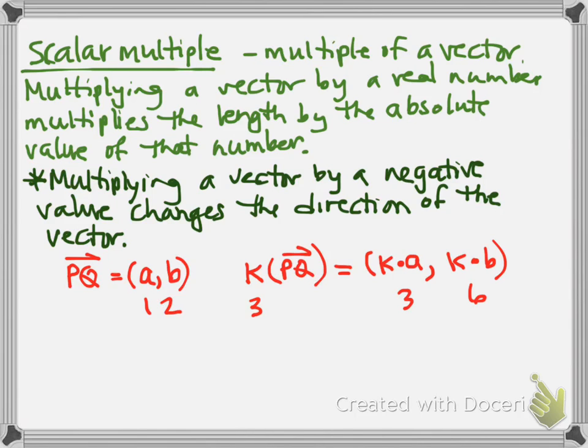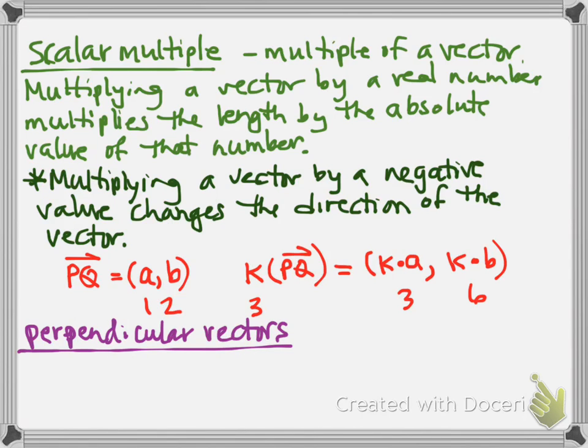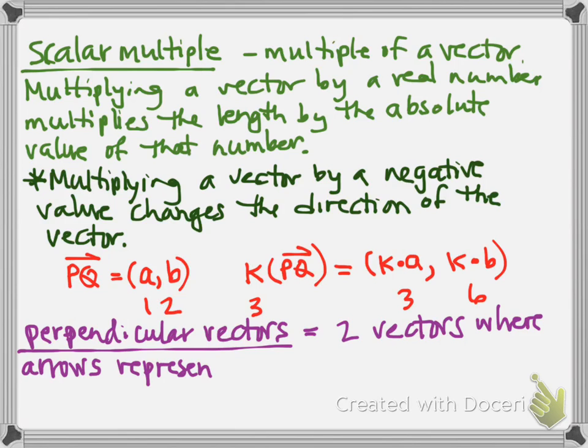All right, we've got another vocab word, perpendicular vectors. These are two vectors where the arrows representing them are perpendicular to each other.